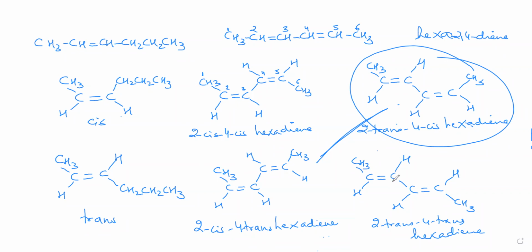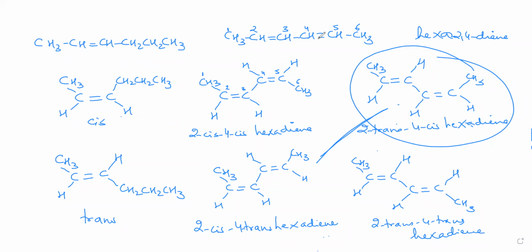Then here, if I view it from here, trans and then trans. Even if you look from here, trans and trans. Do I have a trans configuration anywhere else? No. So this is one particular configuration. In other words, both these double bonds could have cis configuration. That is one form. Both the double bonds could have trans configuration. That is the other form.